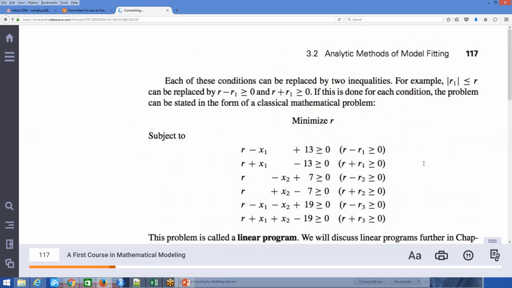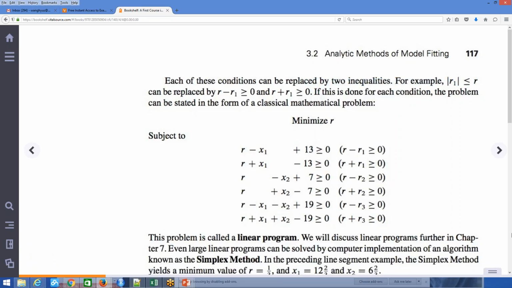And then each of these conditions can be replaced by two inequalities. For example, R1 absolute value less than or equal to R can be replaced by R minus R1 larger than or equal to 0 and R plus R1 larger than or equal to 0. And then we can use the math relationship that we found earlier between R and x1 to rewrite the constraints into the following 6 constraints.